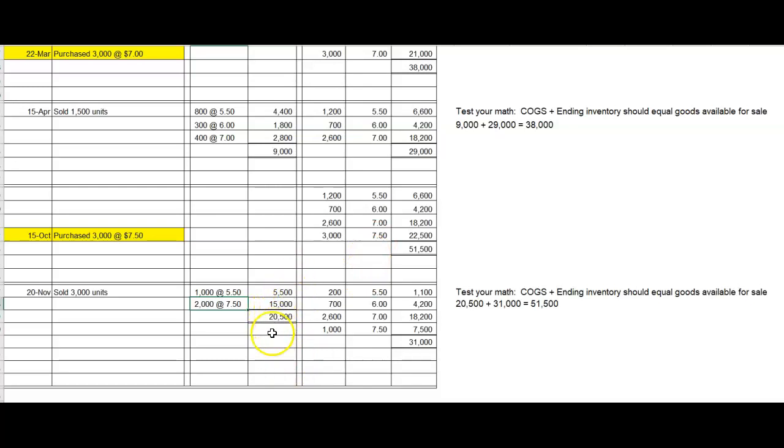Add those two together, and cost of goods sold for November 20th is $20,500.